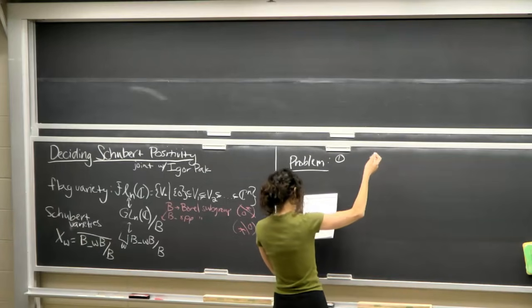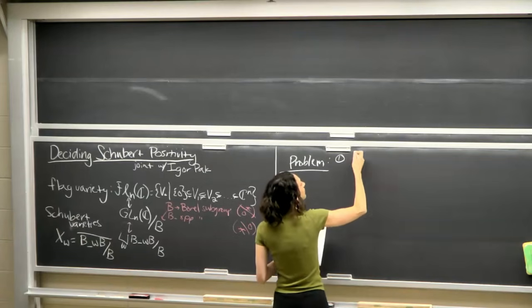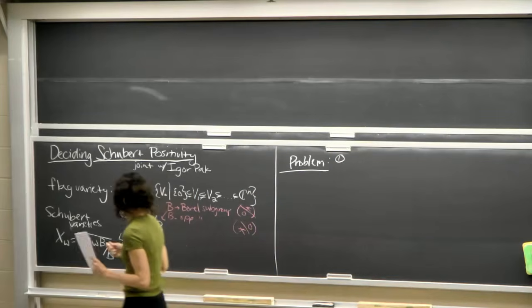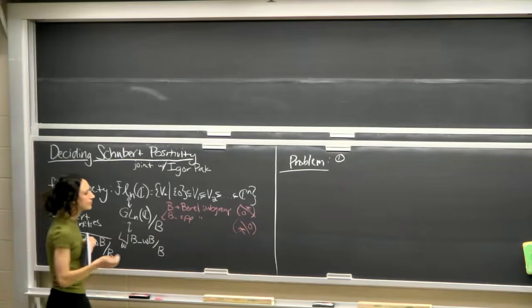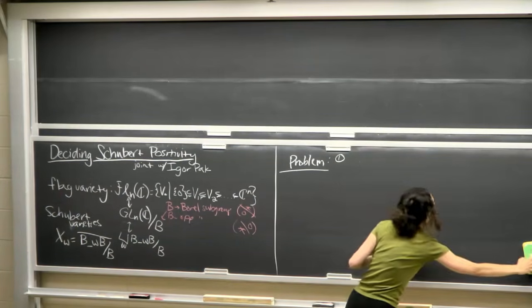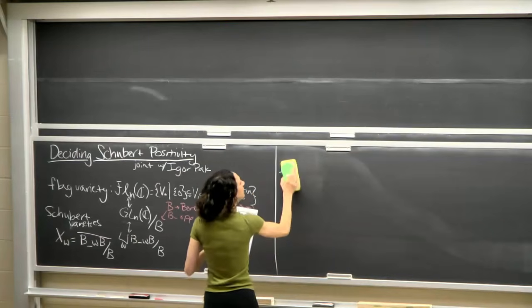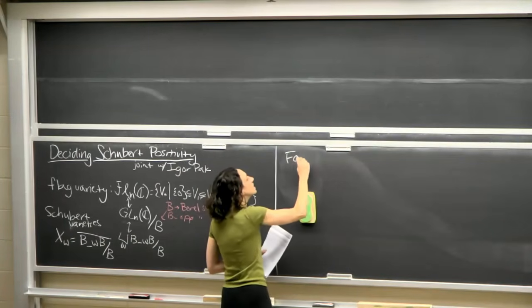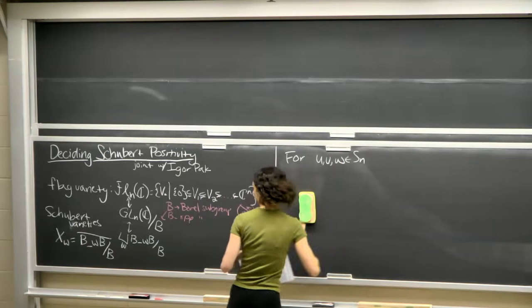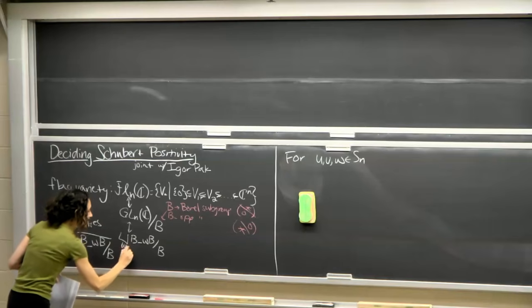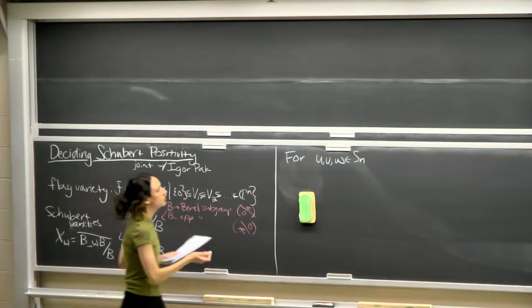Okay, so in general, we can think about the intersection problem. We can take a triple of permutations in S_n, right? This is over permutations in the symmetric group.